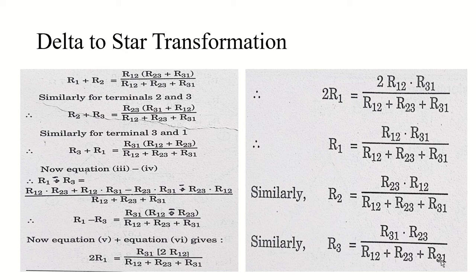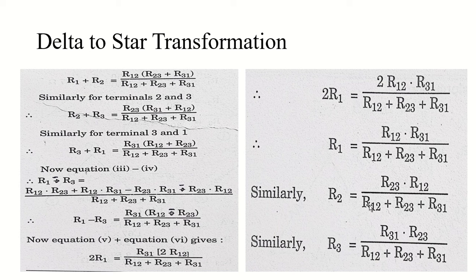So these were the values of R2 and R3. Now multiplying them, what will we get? R2 into R3 is equal to R23 into R12 into R31 into R23. So here R23 is repeating twice, right?